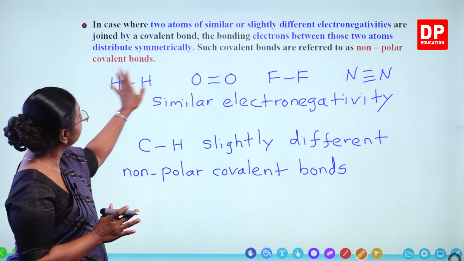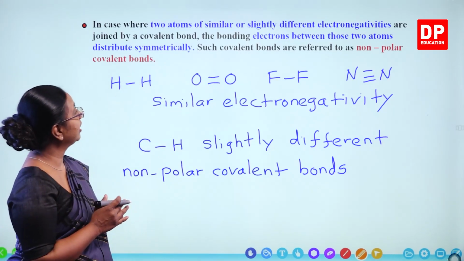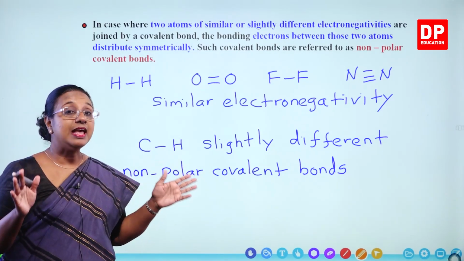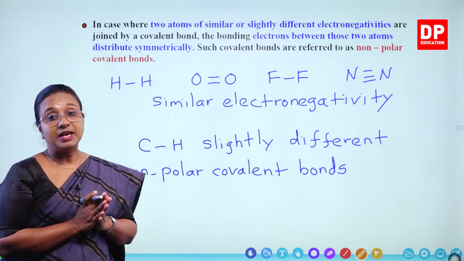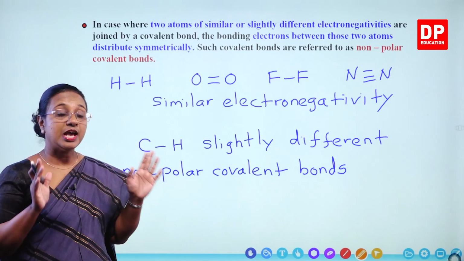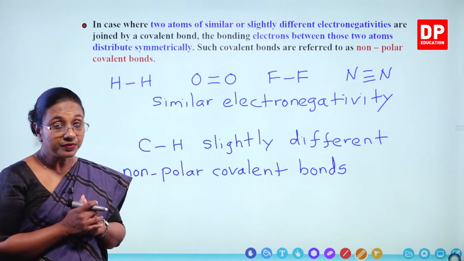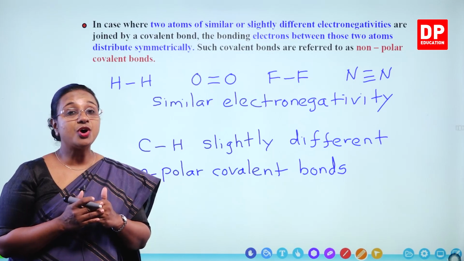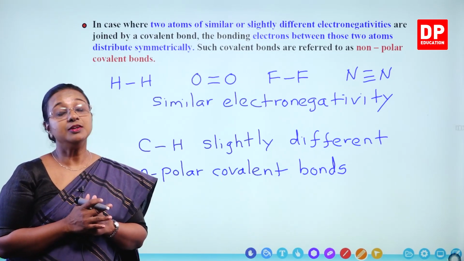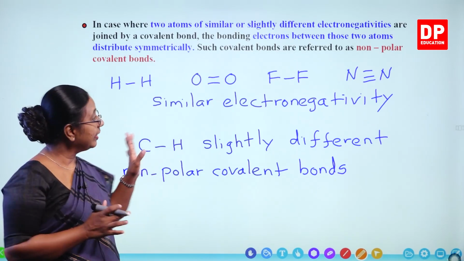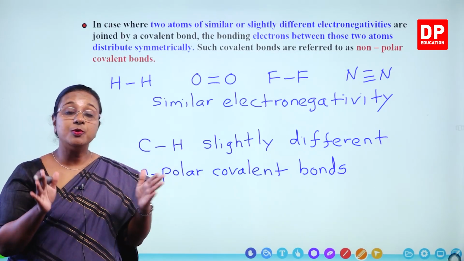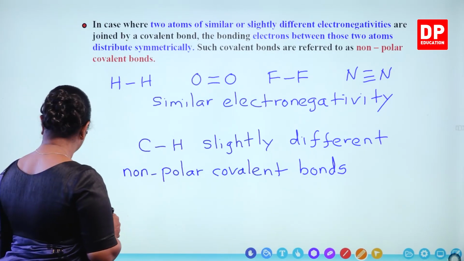But if there is no difference, if the electronegativities are similar or there is only a slight difference, then the bond does not become polar. So it is a non-polar covalent bond. So, there are two main types of covalent bonds based on the electronegativities of the atoms that form the bond. With that, now we will move on to water, where we discuss the polarity of water molecules.